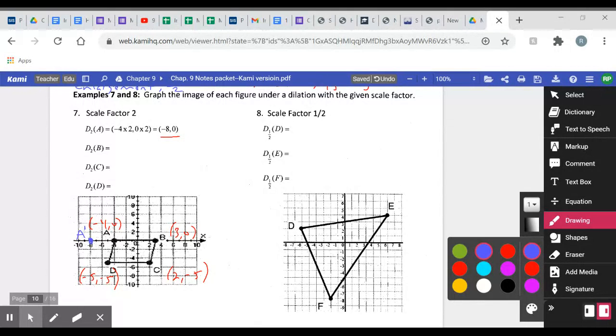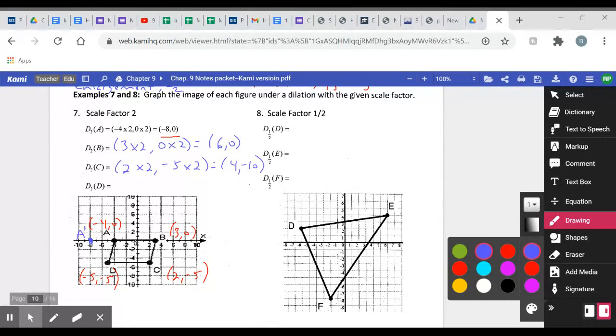I know that B is at the point 3, 0. So I'm going to do 3 times 2, and 0 times 2. That gives me the ordered pair 6, 0. C is 2, -5, so I've got 2 times 2 and -5 times 2, and that gives me the point 4, -10.